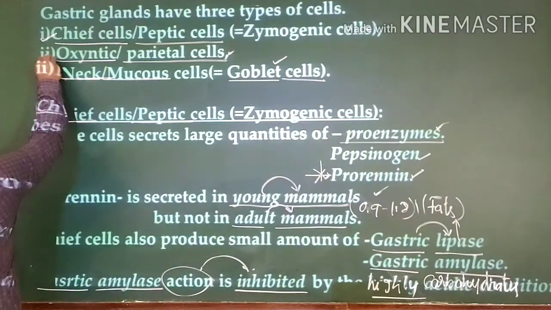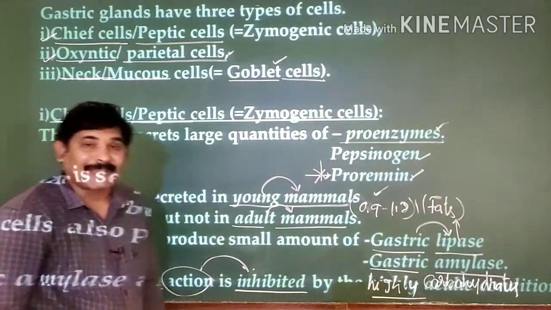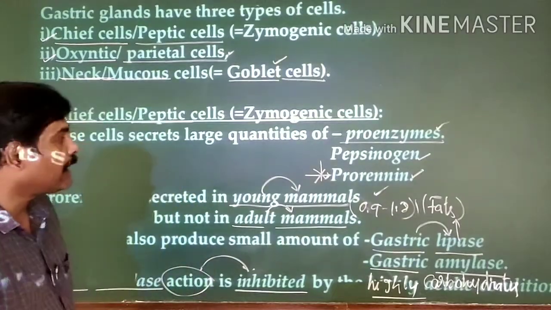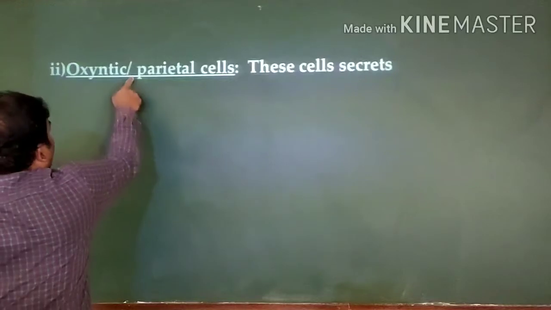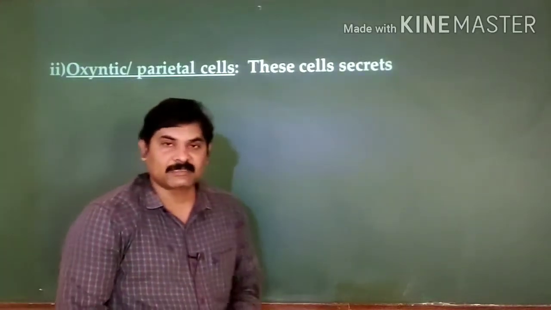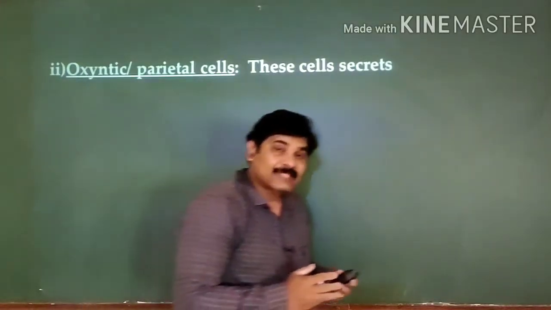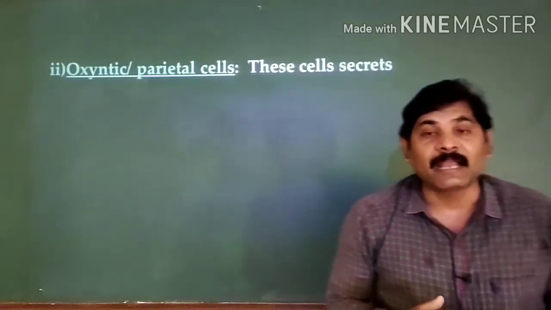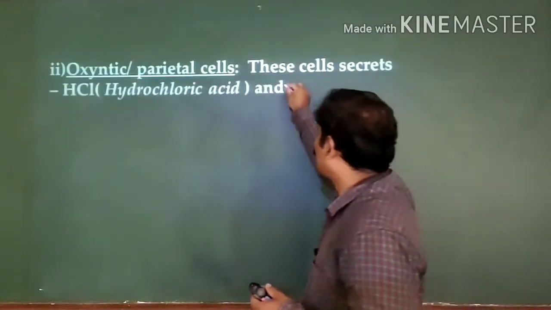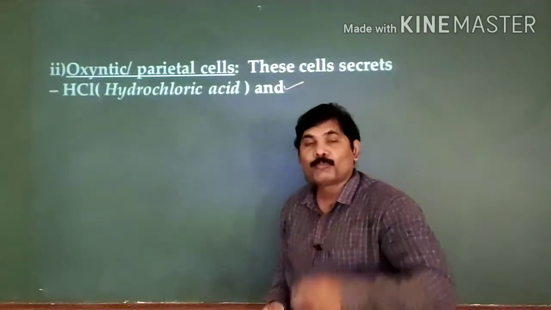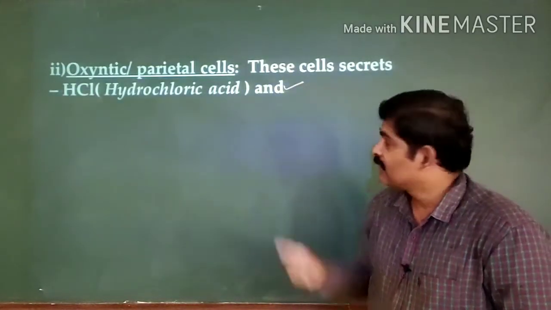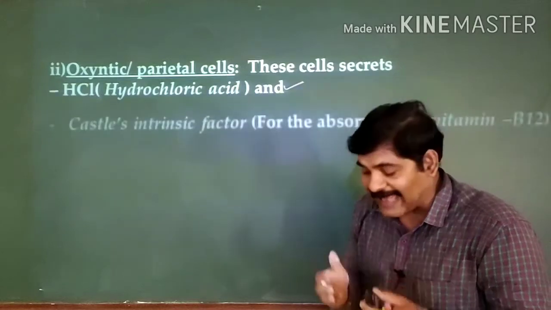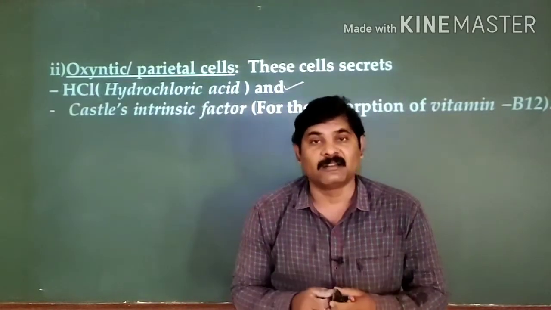Whereas the second important cells include oxyntic or parietal cells. Let us see more detail about that. The second type of cells includes your oxyntic cells or parietal cells. These produce a kind of acid known as hydrochloric acid. It's a very important point. And apart from the hydrochloric acid, these cells produce Castle's intrinsic factor.